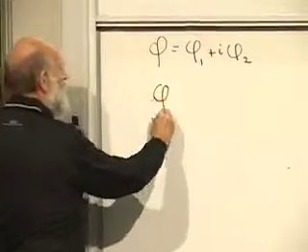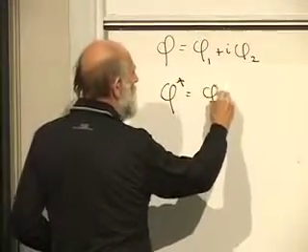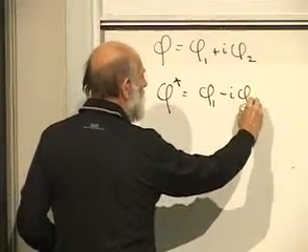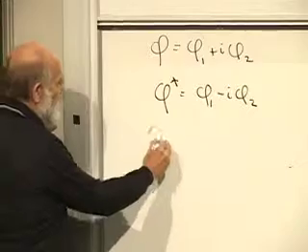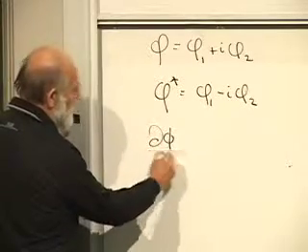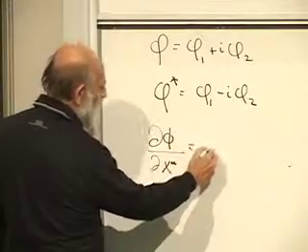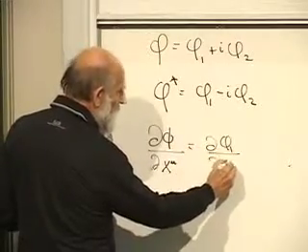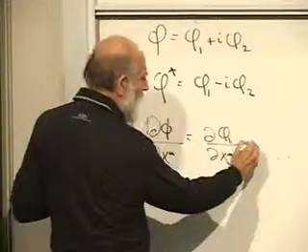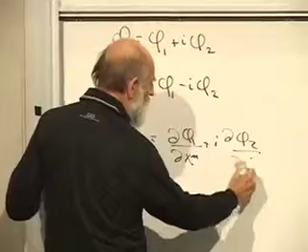We also write that phi star is equal to phi 1 minus i phi 2. The derivative of phi with respect to any coordinate is equal to the derivative of phi 1 with respect to x mu plus i times the derivative of phi 2 with respect to x mu.